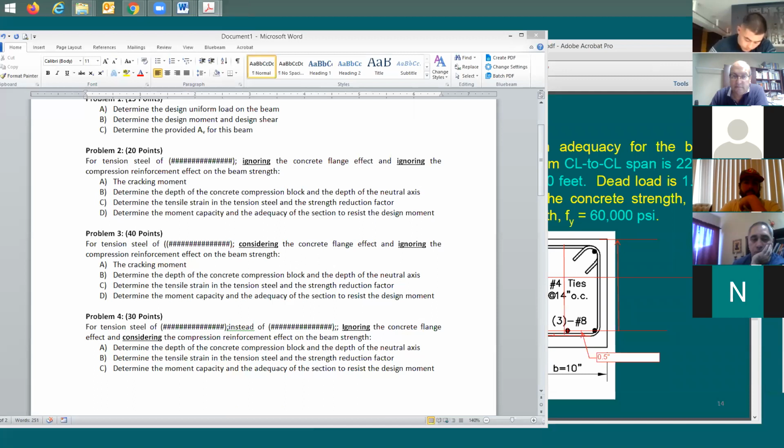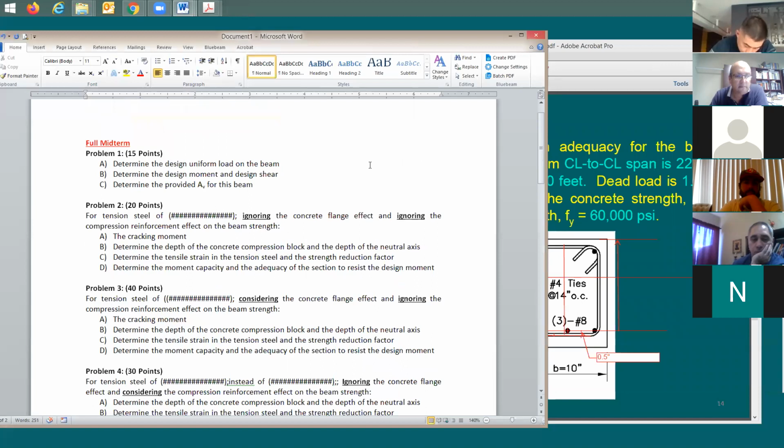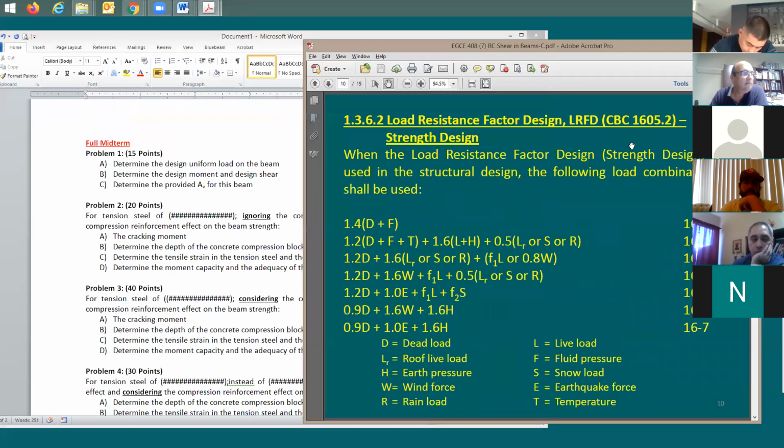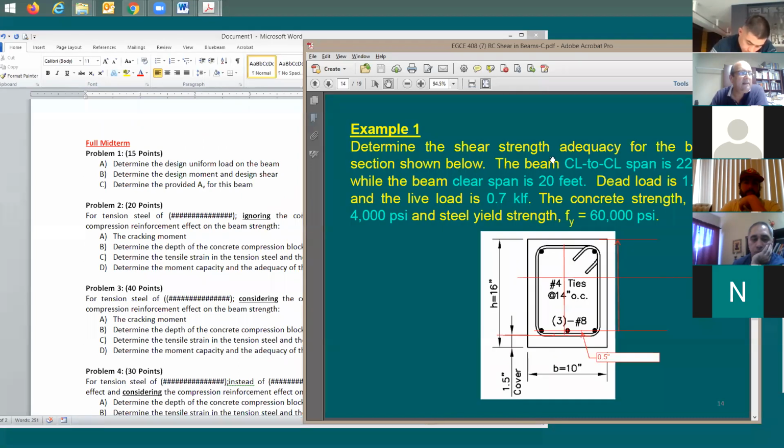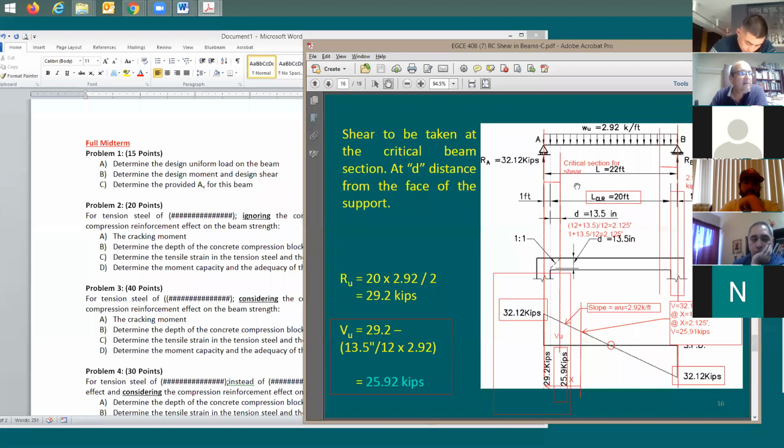For the first question, it says determine the design uniform load on the beam. Is it like live load and dead load, the one where you do the 1.2? Yes, something like this. You remember this?